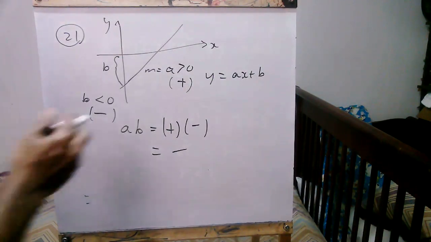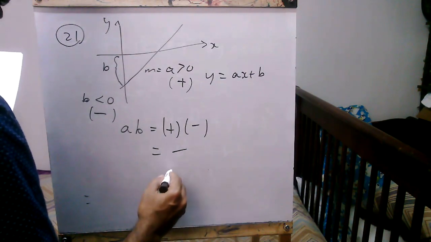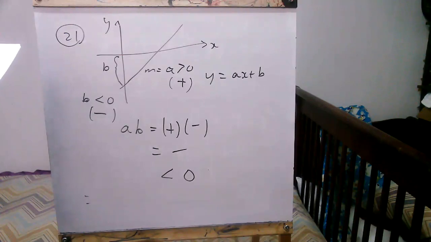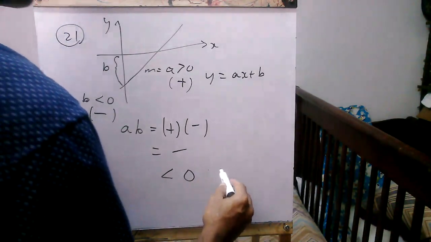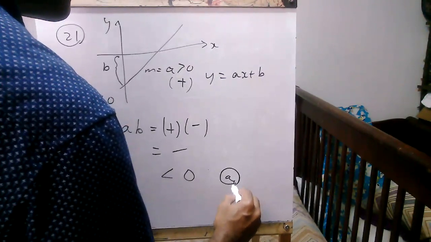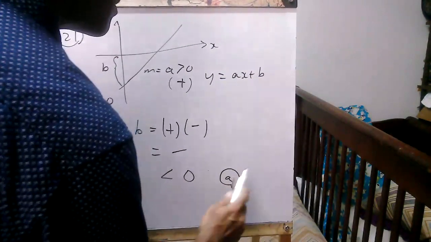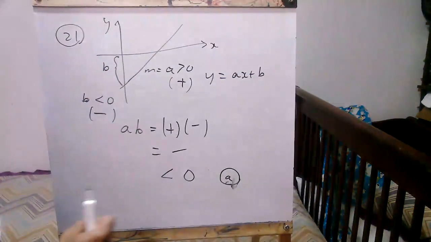That means AB is less than 0. Answer choice is A.